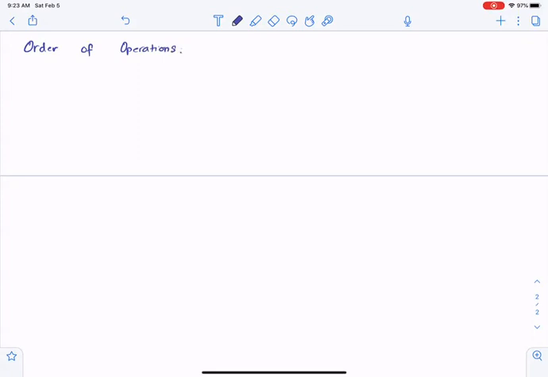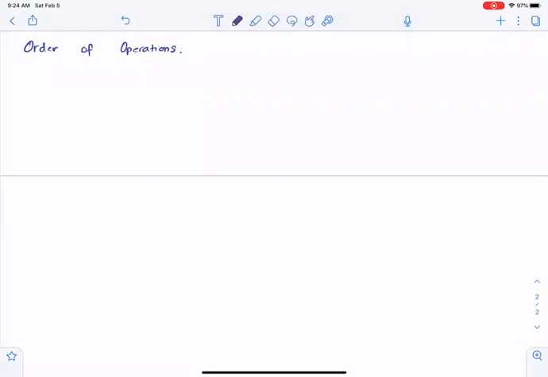So when you have a bunch of operations in a single statement, the order in which we have to perform the operations is always from left to right. Just like how we write stuff from left to right, mathematical operations are also done from left to right.